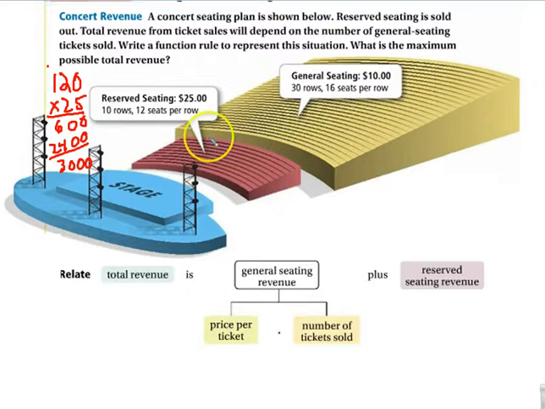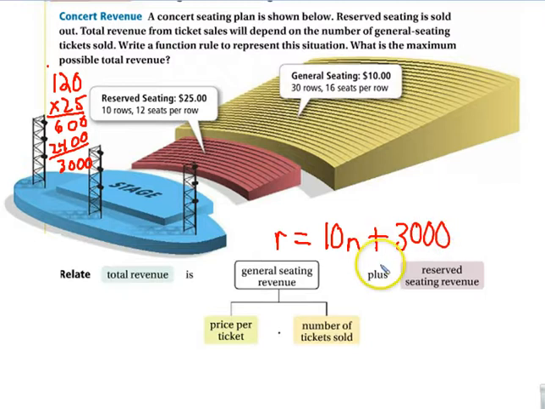That's how much money they made just from the reserved seating. So the equation, let's call R the total revenue, is going to be equal to the $10 times how many general seating tickets we sell, plus the 3,000 from the reserved.